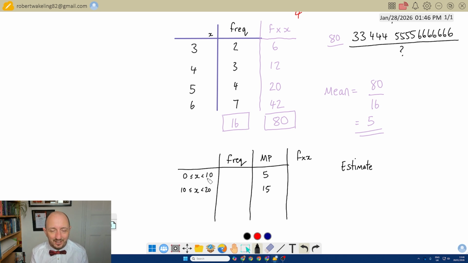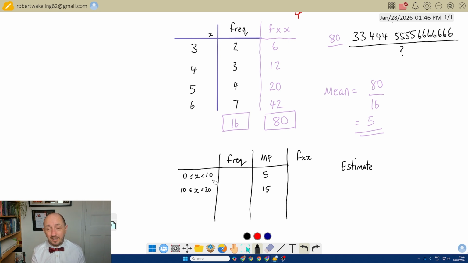We have no idea what's inside that group. So when we go down the middle like this, we're making an approximation. We're saying that the data in that class, that interval, is evenly distributed.